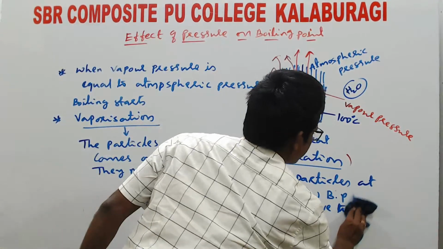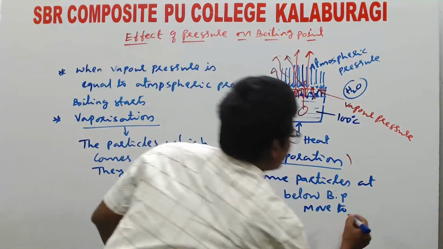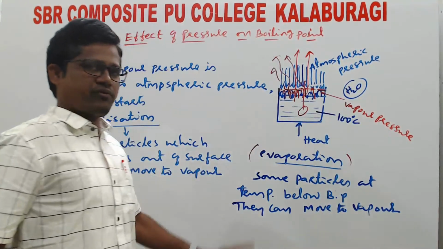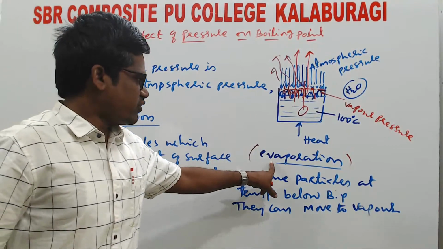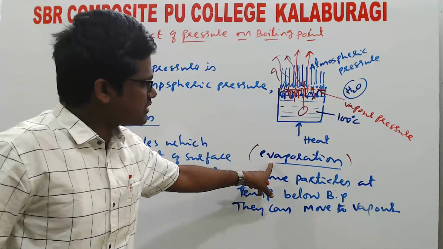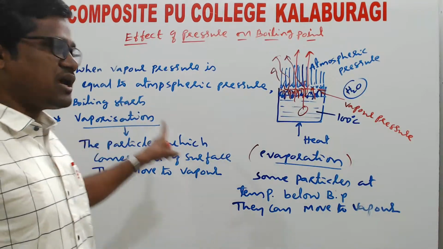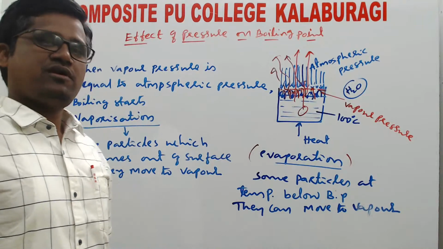Not all, some. They can move to vapor. Few. One thing you can say: the evaporation process will take place below the boiling point. Right? Vaporization will occur at the boiling point.